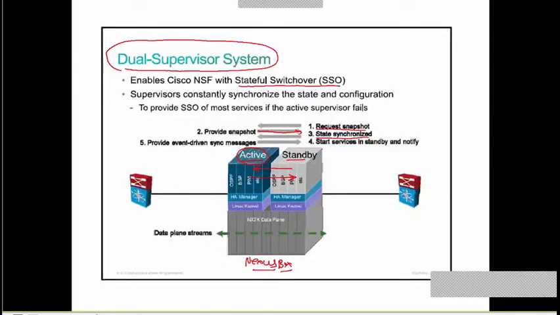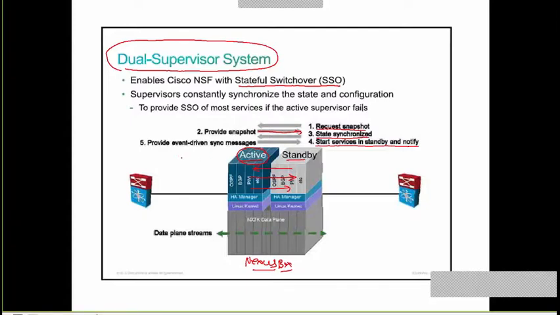Once it is synchronized, the active supervisor sends a message to the standby to start all its services in standby and notify. It means be ready, start your services, but in standby mode. You should not act as active. If I fail, your services are already started, and you only have to take over.